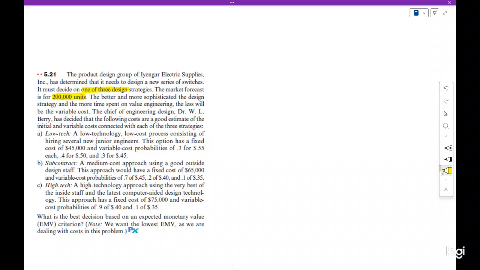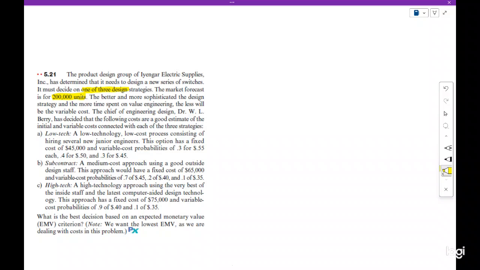And then the better and more sophisticated the design strategy and the more time spent on value engineering, the less will be the variable cost. The Chief Engineering Design, Dr. W.L. Berry, has decided that the following costs are a good estimate of the initial variable cost connected with each of the three strategies.